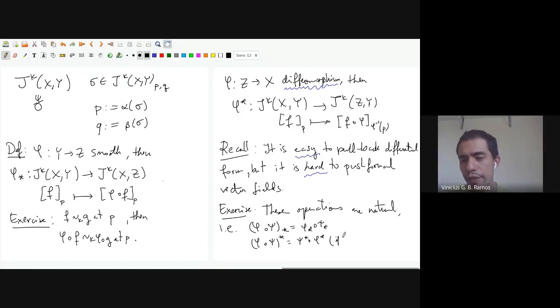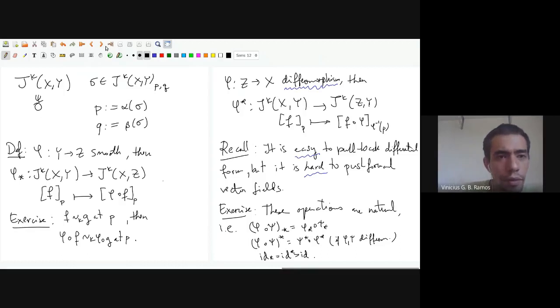Of course, you have to assume that these two are diffeomorphisms. And finally, the push forward of the identity is the same as the pullback of the identity, which is just the identity map. So if you take the identity map from a manifold to itself, and then you push it forward or pull it back, you still get the identity.